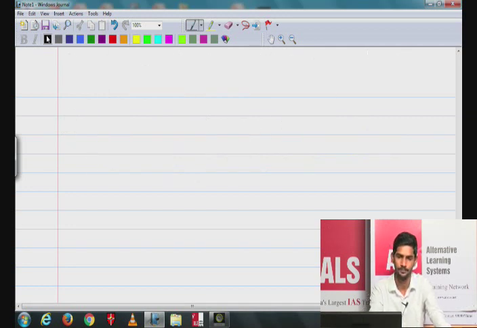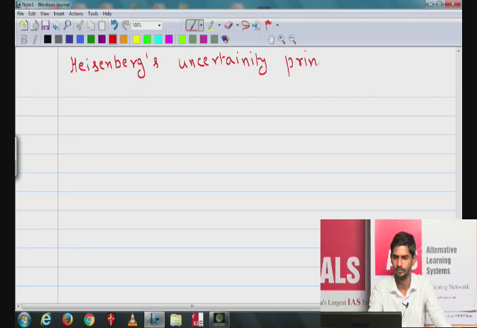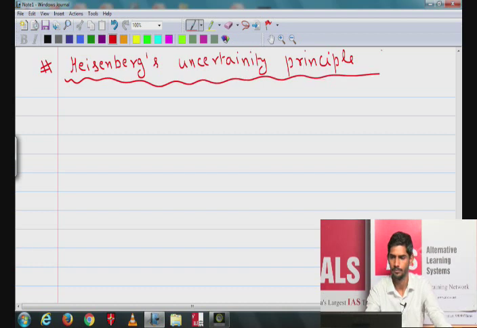Now, the next theory is Heisenberg's uncertainty principle.